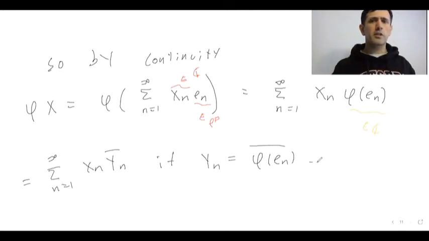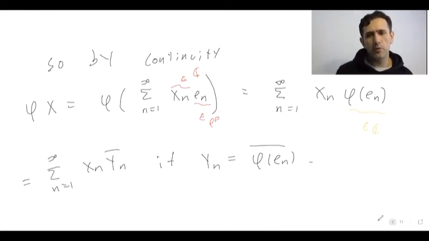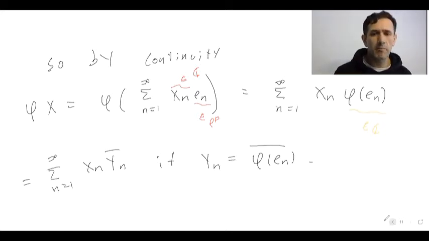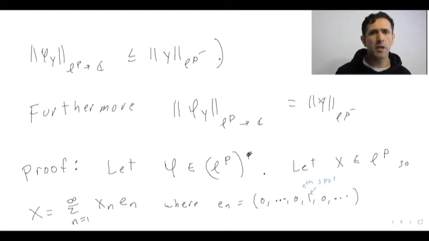So the only thing to do now is prove that, first, let's prove that y is in little lp prime. And basically at the same time, let's finish up the other half of this here. We did half of it already. Half of the norm equality is this here. So now we have to do the other half.